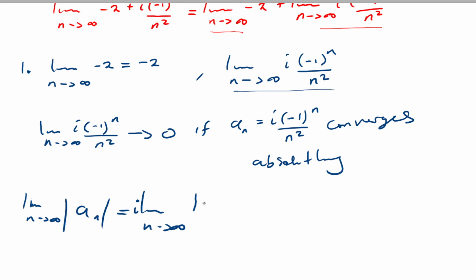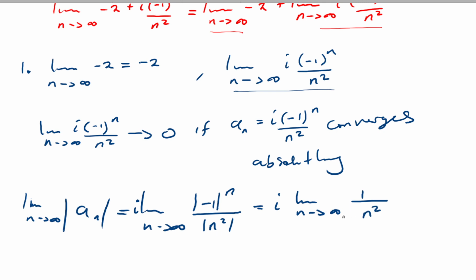Then we have the modulus of -1 to the power n over the modulus of -2. So we have i outside, then here the limit as n approaches infinity of the modulus of -1, which is just +1, over this modulus, which will just be n squared.